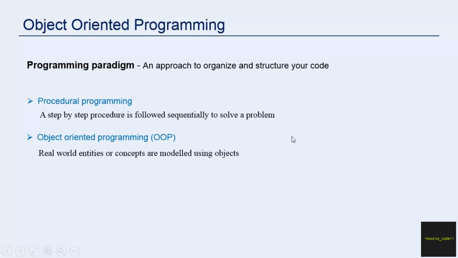An object has both state and behavior, which means it contains both data and code to manipulate that data. So in procedural programming, you model your program in terms of functions, and in object-oriented programming, you model your program in terms of objects.